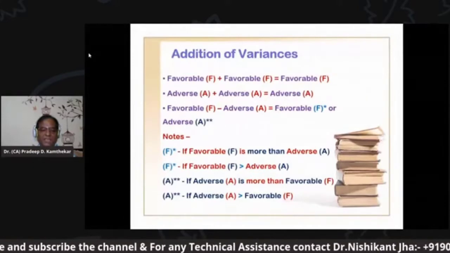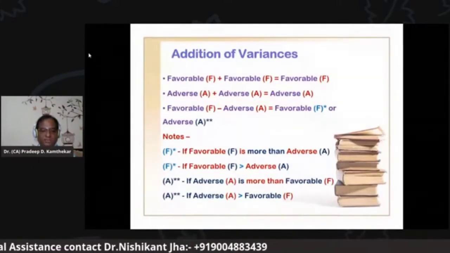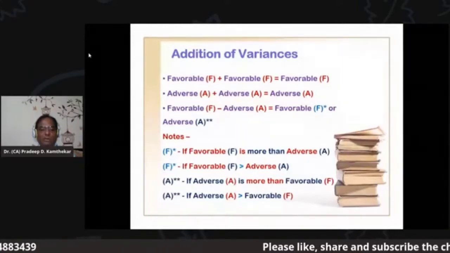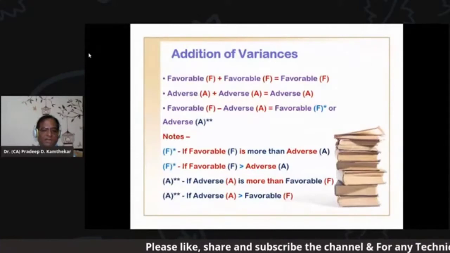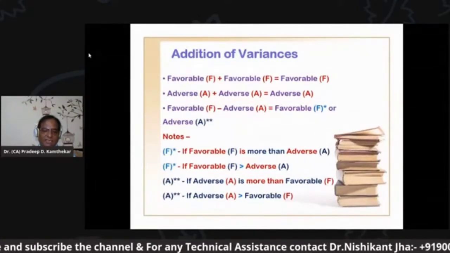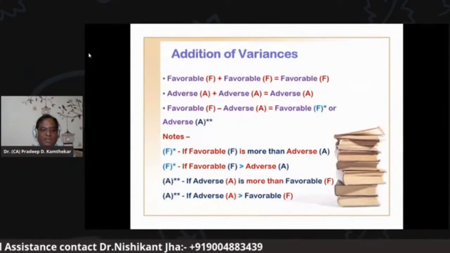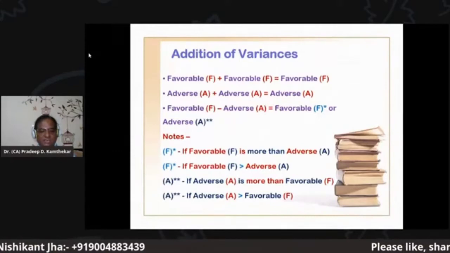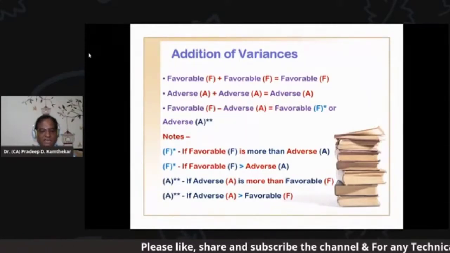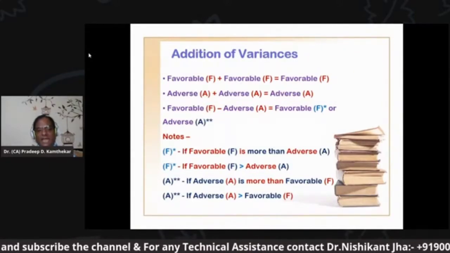In that case, the difference we have to work out as given below. Whenever one variance is favorable and the other one is adverse, we have to take the difference, and whatever difference we get, to that difference we have to assign the side of that variance which is more. So for example, when favorable is more than the adverse, the difference will be a favorable variance. When adverse variance is more than the favorable, the difference will be adverse variance.